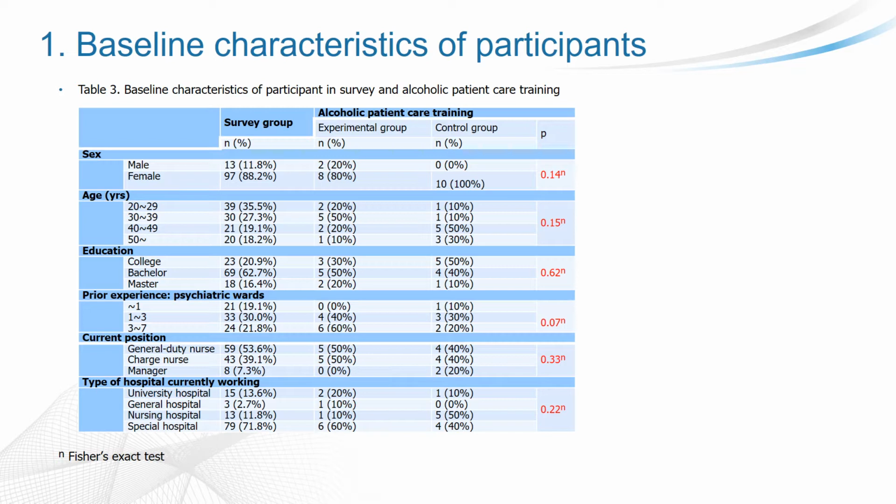All 20 nurses participated in the alcoholic patient training, 10 in simulation and the other 10 in video learning. There were no significant differences in baseline characteristics among survey groups, experimental groups, and control groups.